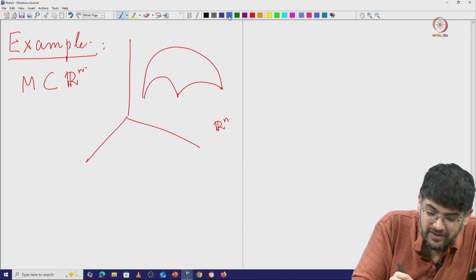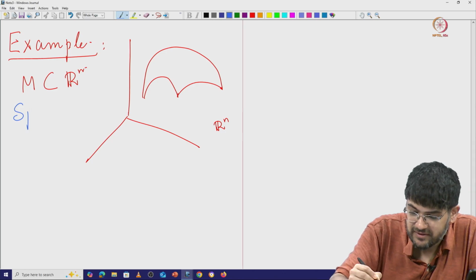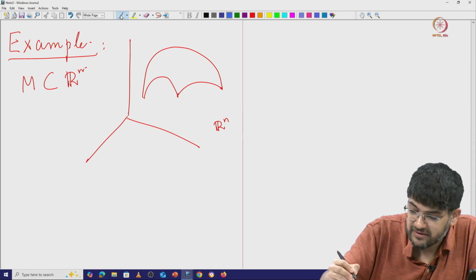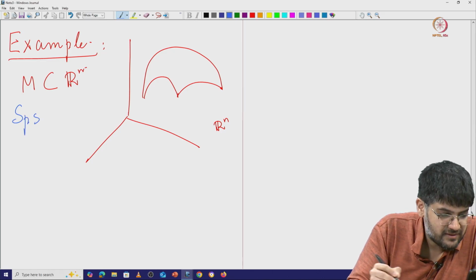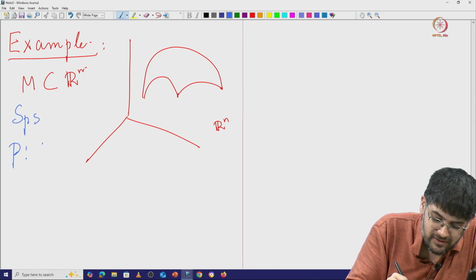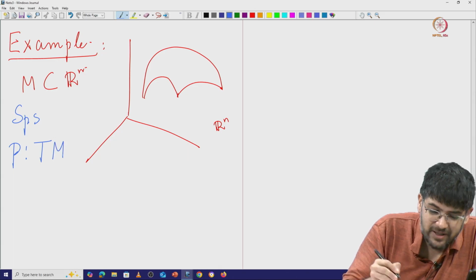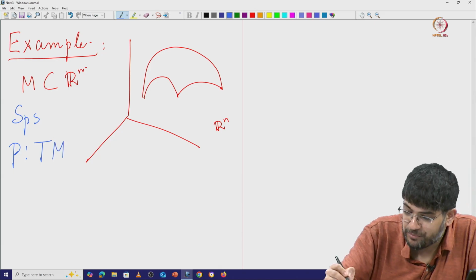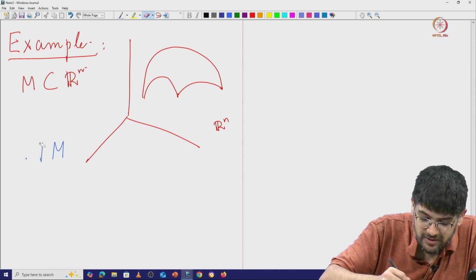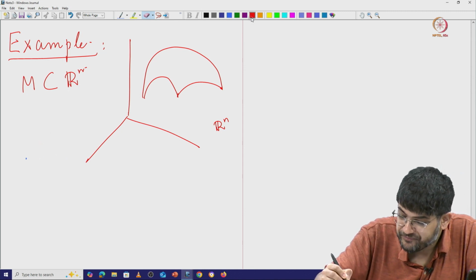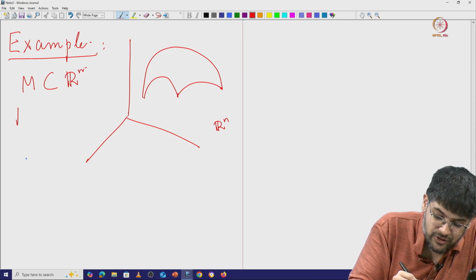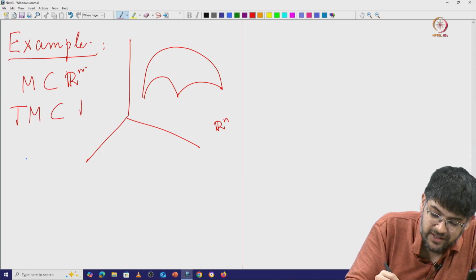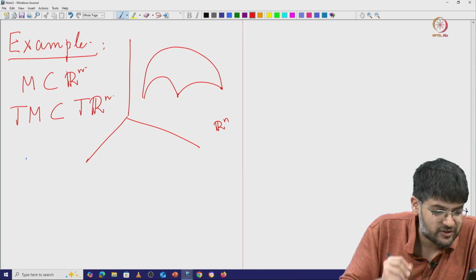and suppose P is some projection from R^n. Right, so then the tangent space of M can be considered as a subspace of the tangent space of R^n.